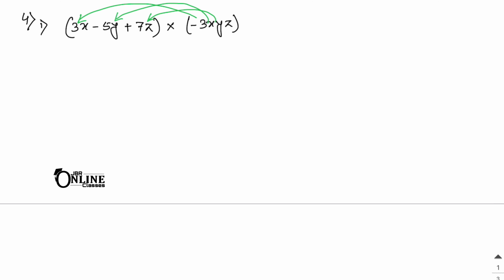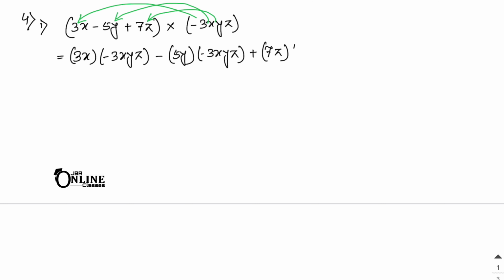Okay, so how many terms are there? Total 3 terms. So that means first 3x into minus 3xyz, then here minus 5y into minus 3xyz, and last one here 7z into minus 3xyz. You can solve it directly, or you can also solve it by step.